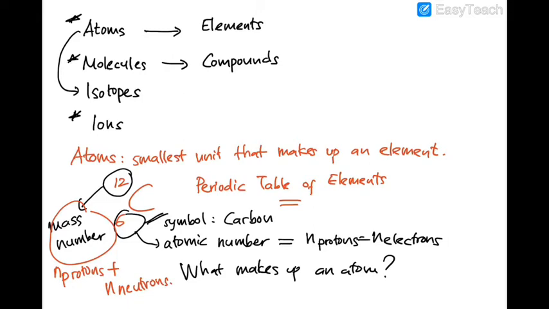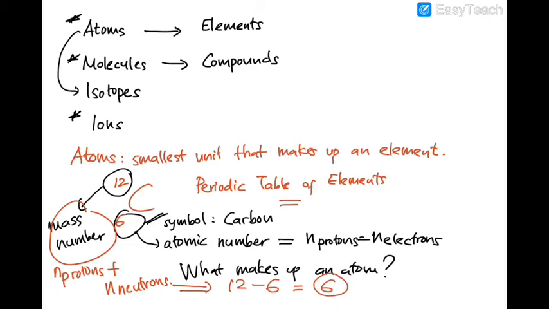So from the atomic number down here, we can determine the number of protons as well as the number of electrons. And from the mass number up here, we can also determine the number of neutrons, which in this case, of course, let's try to calculate it. It's 12 minus 6, so you also have 6 neutrons.